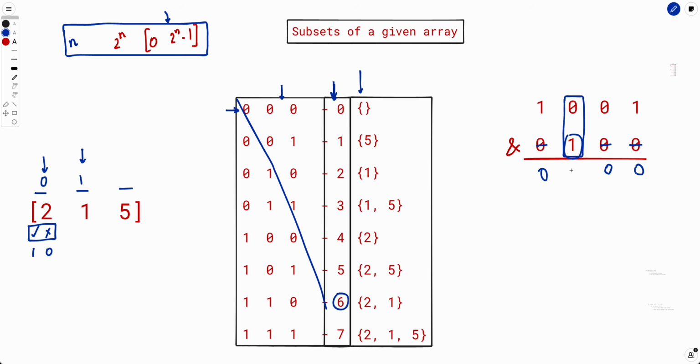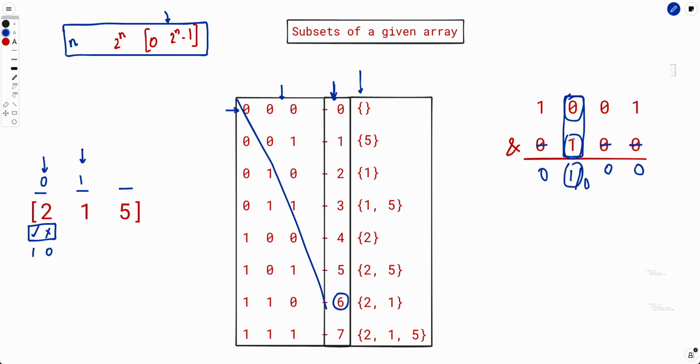Only this bit can be 1 or 0, and it depends on the value in the original number. If the original number has that bit set, then the value here would be 1, otherwise it would be 0.